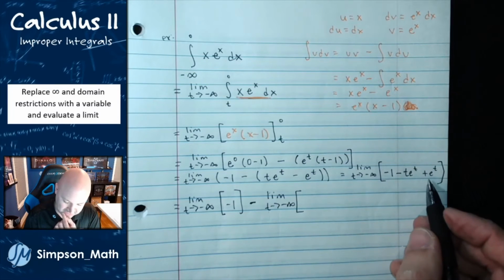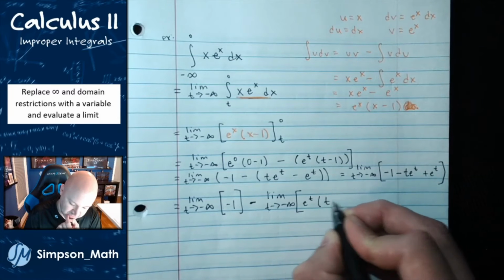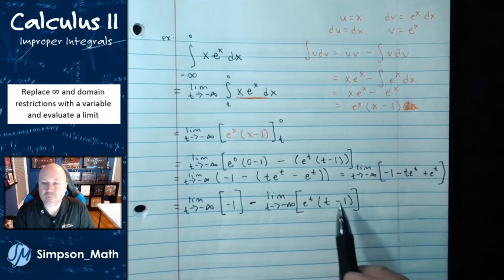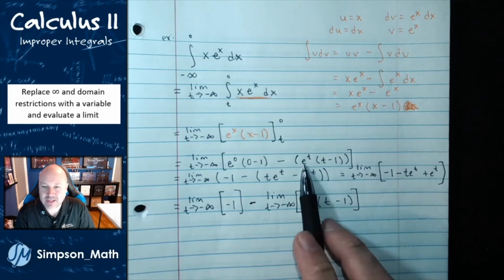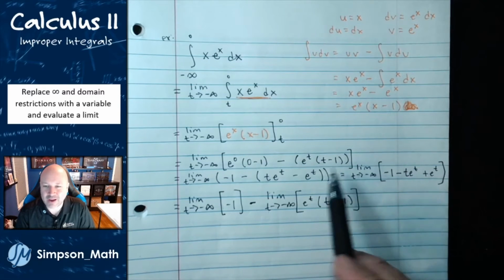That's going to make that a minus sign. Pull out an e to the t, leaves me with t minus 1, which is what I had to begin with. Sorry, I just went back to this step.